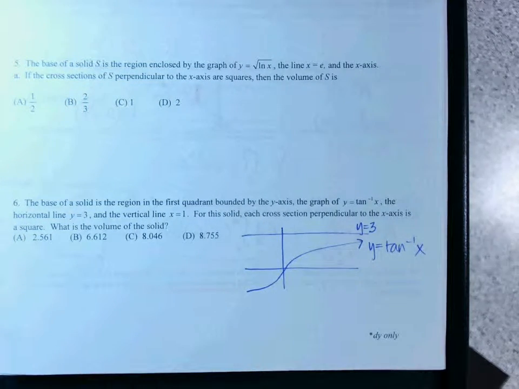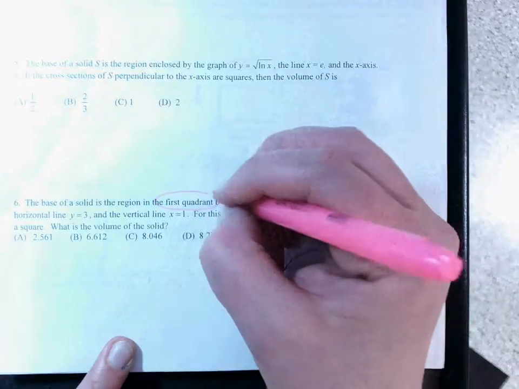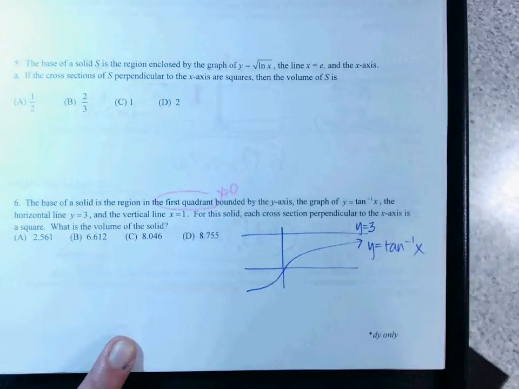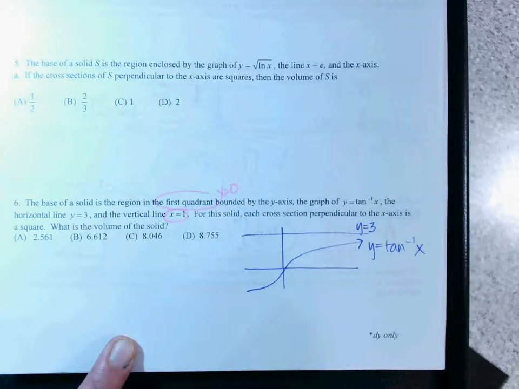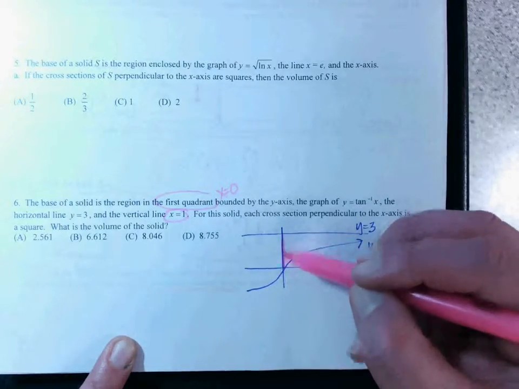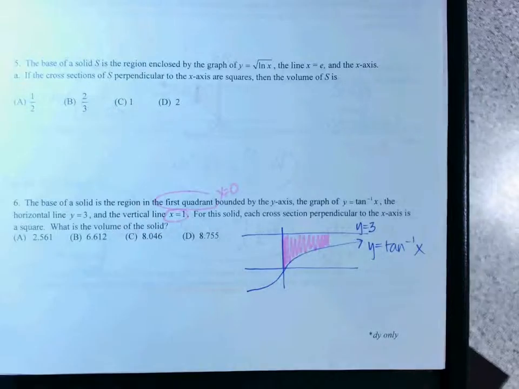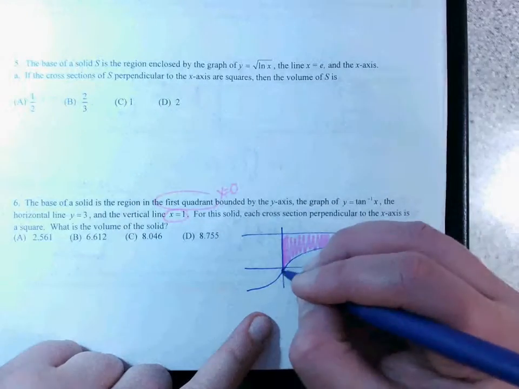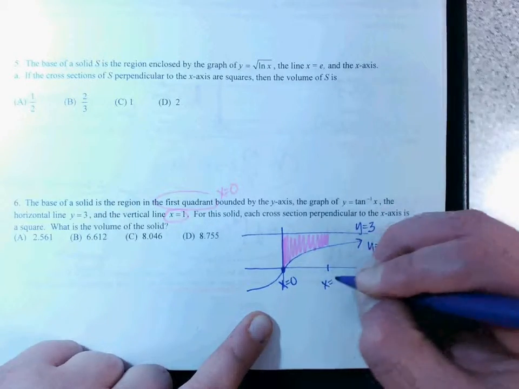So if you look at your equation, it says I want to be in the first quadrant. That tells me I need to start at 0. And then they told me x equals 1. Well, that's where I'm going to stop shading. That's my other boundary. So I'm going to shade from 0 until, we'll say 1 is right there. So this is x equals 0. This is x equals 1.